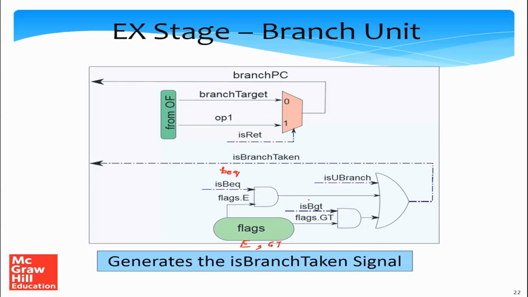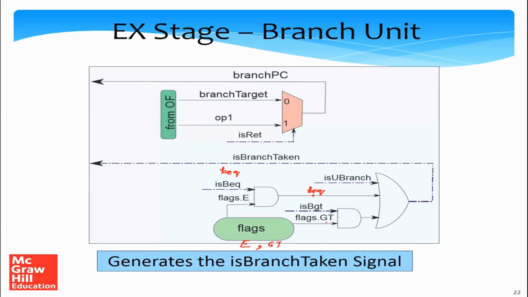So we have an AND gate, and the value on this specific wire indicates if it's a taken branch because BEQ is true. So we can say that this condition is true because, number 1, it's a branch if equal instruction, and number 2, the last comparison led to an equality.